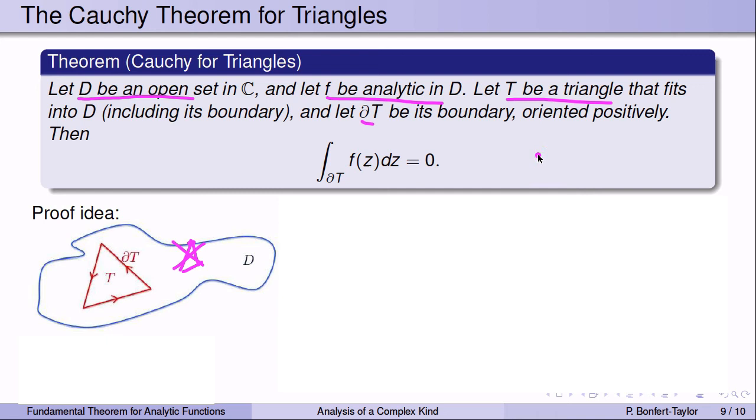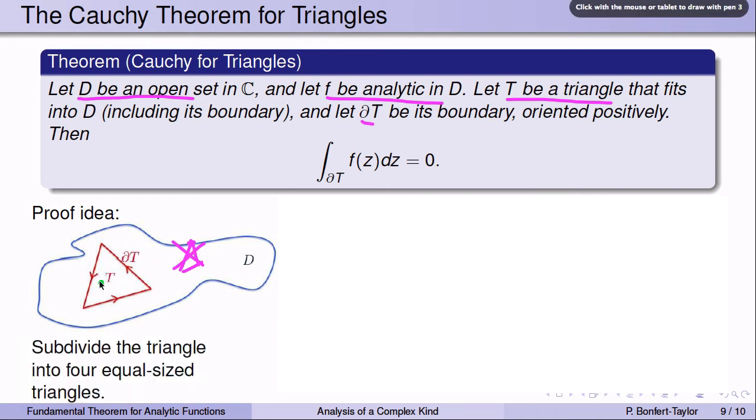The proof idea is as follows. You start by subdividing this triangle into 4 equal-sized triangles. And then notice I can integrate around this triangle and this triangle and this triangle and also around this triangle.